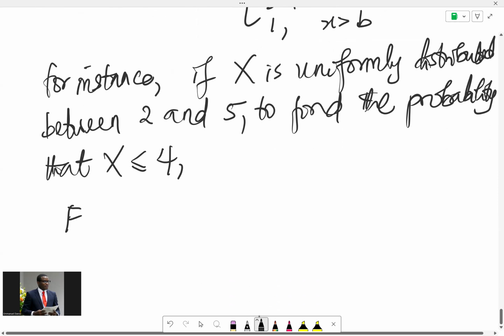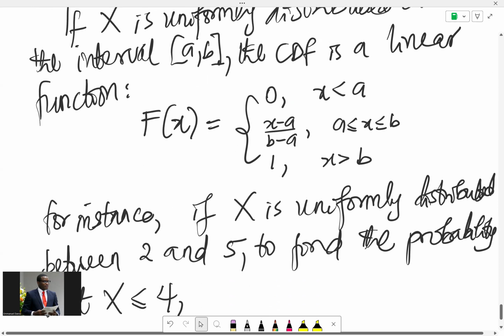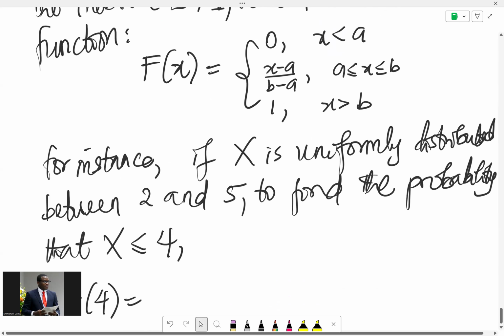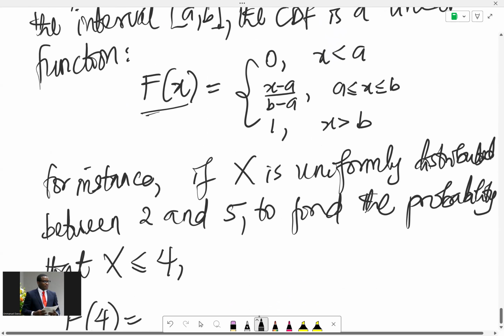That means we have F(4), which is equal to (4 minus 2) over... So this function now is a step function.